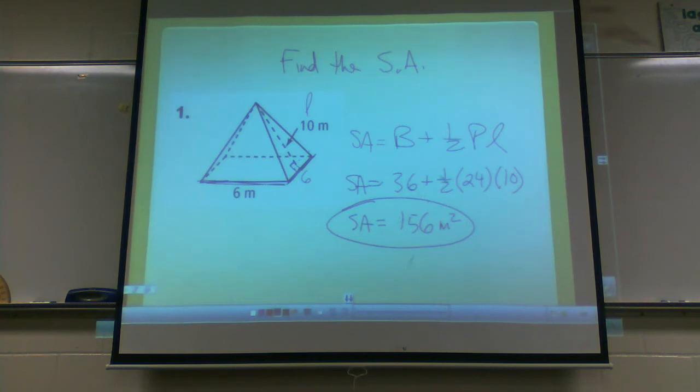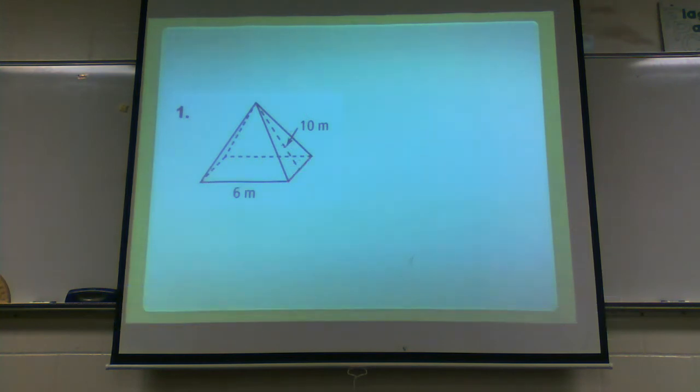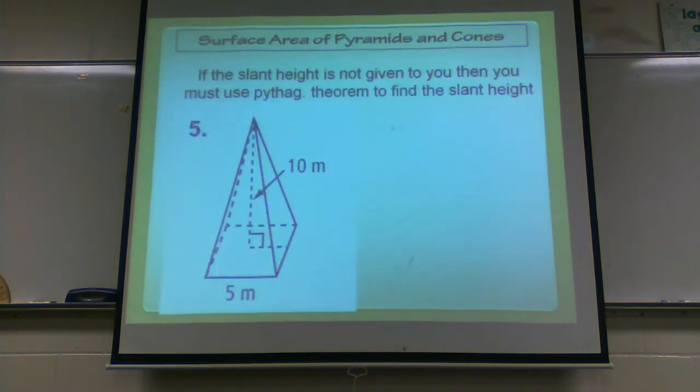You could do it the other way too: the base still would have been 36, and each triangle is 30. It doesn't matter. Okay, that's an easy one.